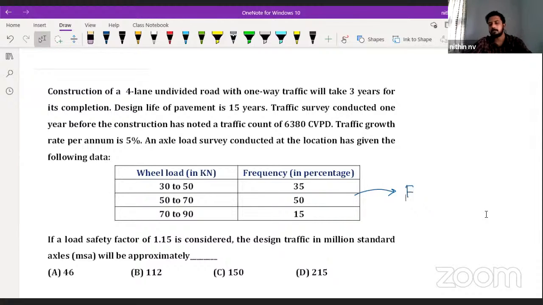If they are asking the question, which is the design traffic in million standard axle, MSA, or cumulative standard axle, remember the modified CBR method.